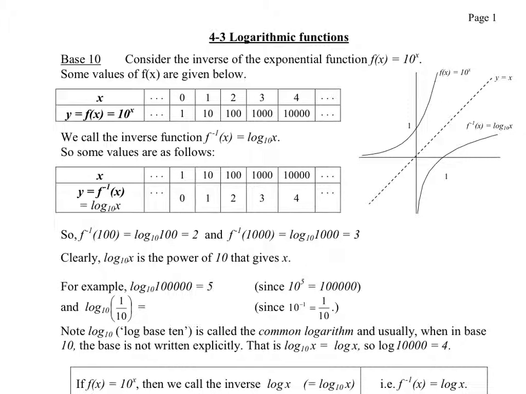So whenever you're doing logarithms, ask yourself, 10 to the power of what gives me this whole thing here? 10 to the power of 5 is going to give me this. And if you've got log base 10 of a tenth, remember that 1/10 is equal to 10 to the power of minus 1. So think about this, 10 to the power of what would give me 1/10? It would have to be 10 to the power of minus 1.